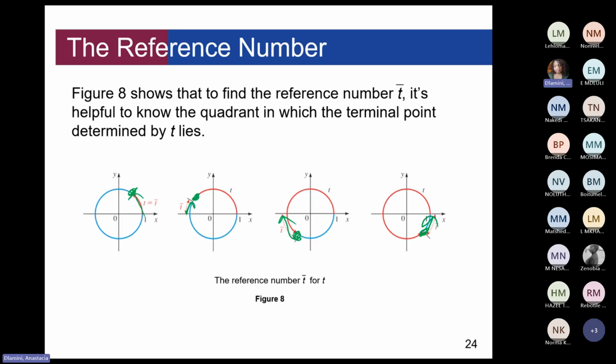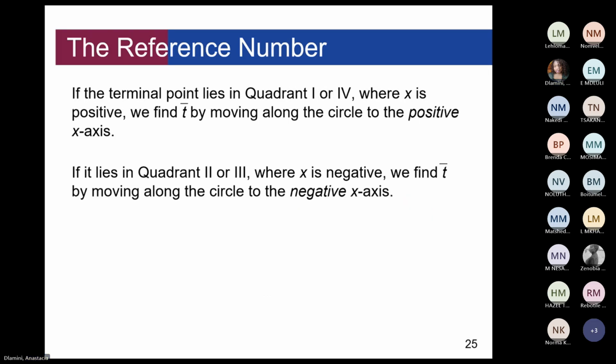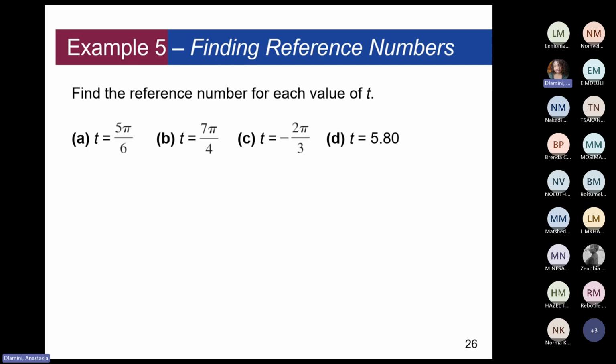Look at this. If it lies here or here, you'll always approach the positive x-axis. If the terminal point lies here or here, it will approach the negative x-axis.